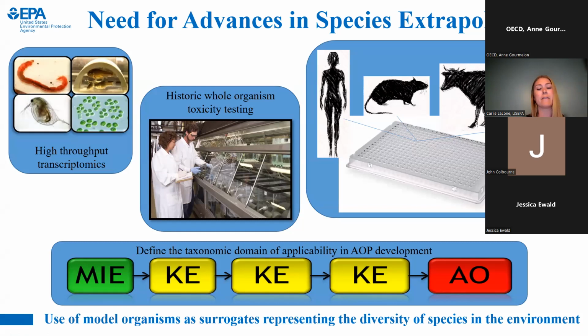Even in the context of AOPs, we may be defining an adverse outcome pathway with a single species or a handful of species. So we need to think about how we can use those surrogate data from specific organisms and extrapolate that knowledge to other species.